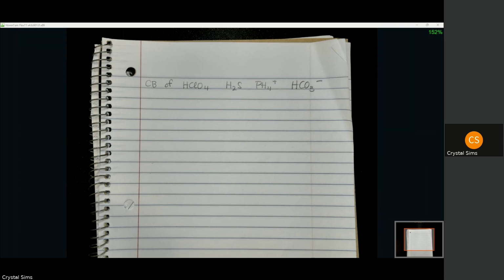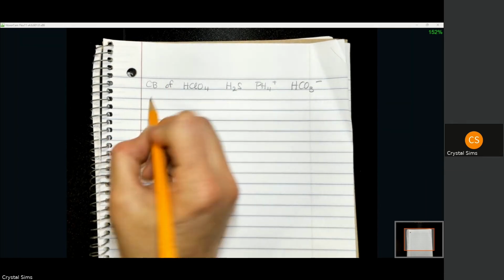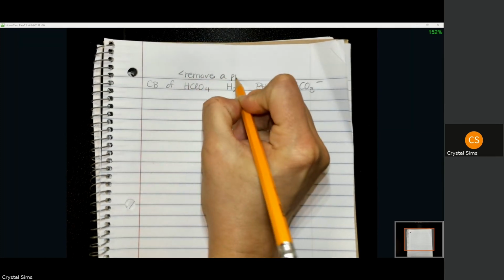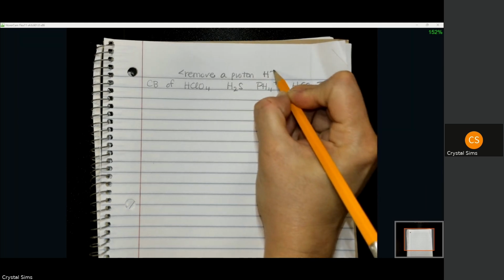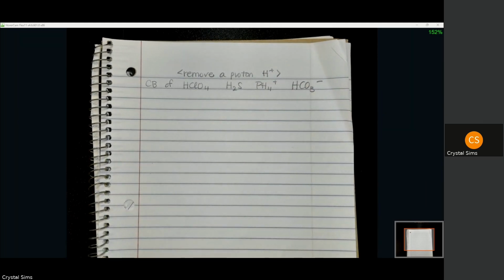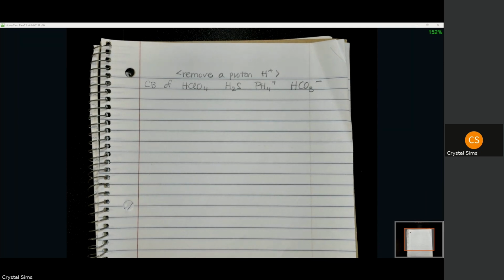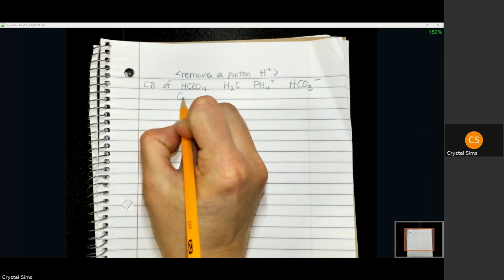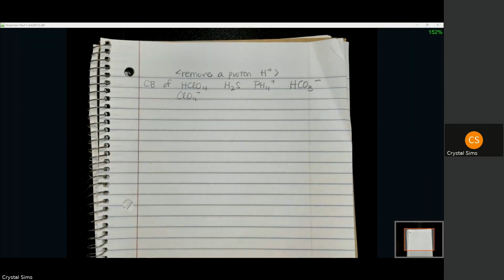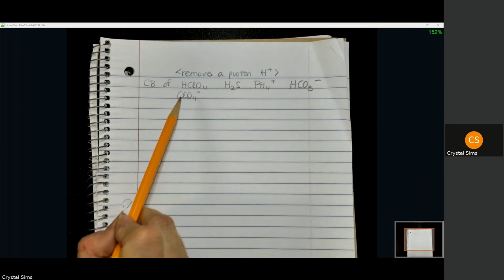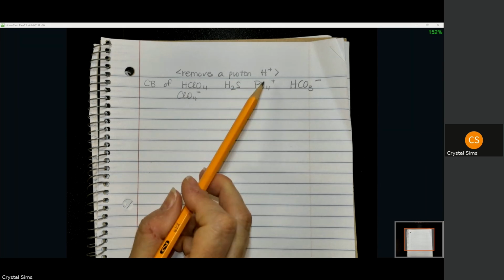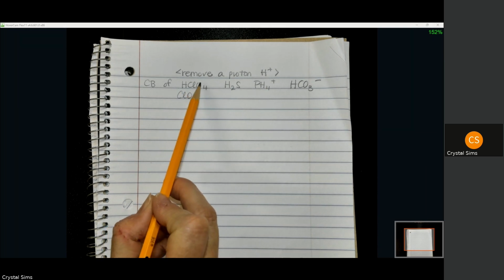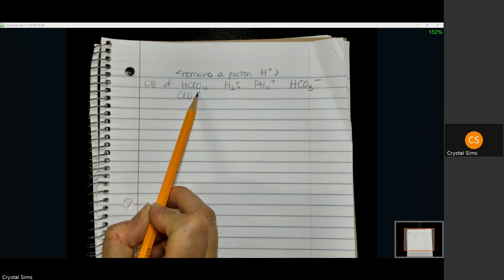In order to do that, all we have to do is remove a proton. And remember, a proton is H plus. So we'll just remove a proton from each one of these. If we take away this proton here, then that's going to leave us with ClO4, and then we'll have a minus charge on that because we're taking the H, but that is positive, which means that this, which overall did not have a charge, is now going to have a -1.